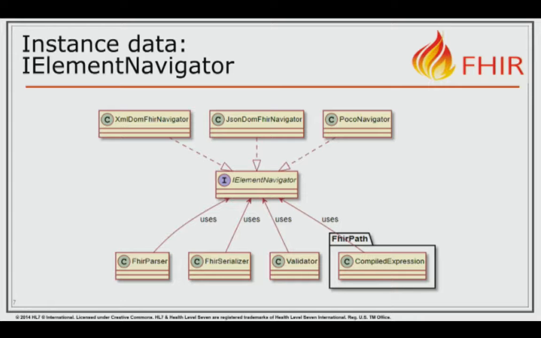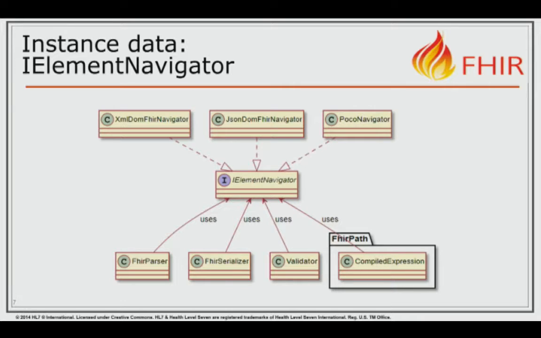So whether you're dealing with JSON or XML or RDF, IElementNavigator is a class in the FHIR .NET API that has an abstract representation of FHIR data, independent of the format. So by writing the validator against that interface, I was sure that I was not limiting myself to just validating XML or JSON.